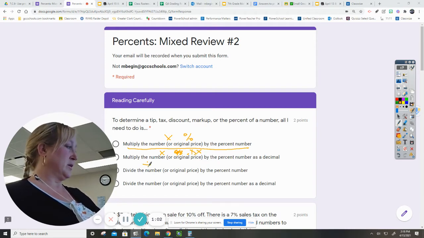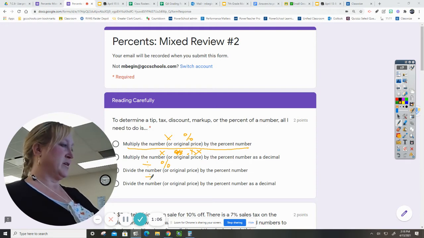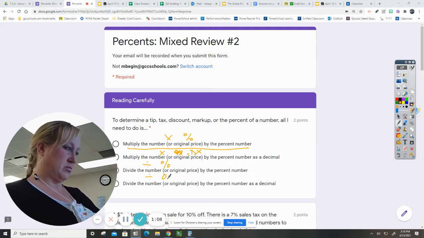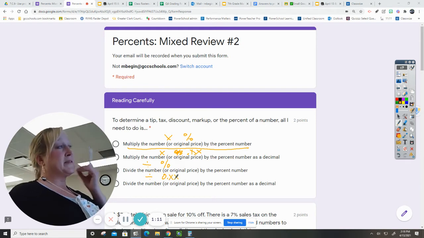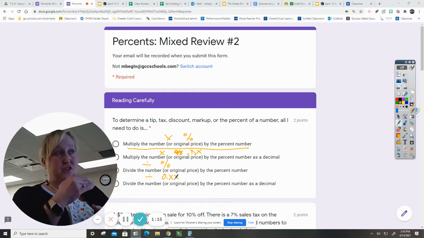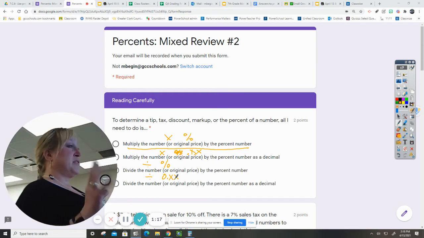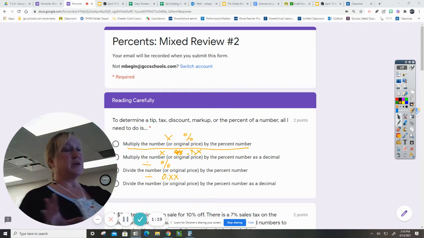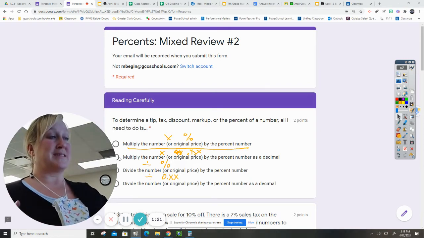Or divide the number by the percent, or divide the number as a decimal. Well, since all we need to do is find out how much to mark up or how much to move down, then the one that you need to do is you're multiplying it by as a decimal.